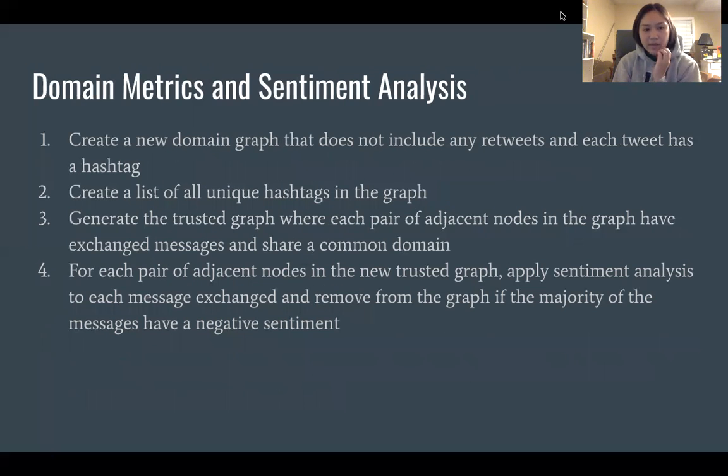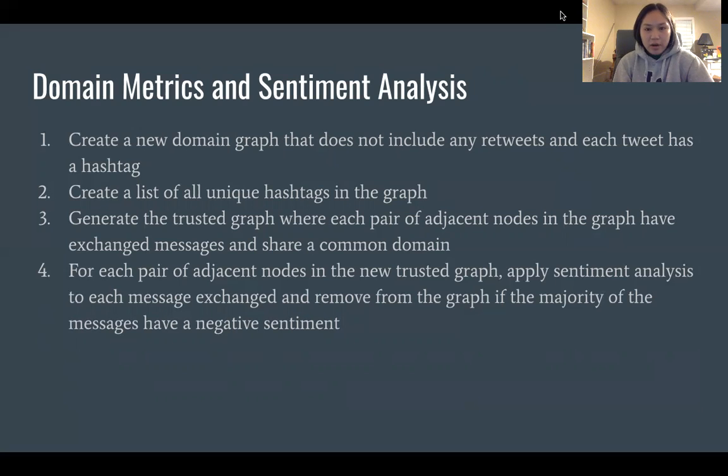The second method uses the idea of domains from SW Trust and then also applies sentiment analysis. First, a new domain graph is created that doesn't include any retweets, and each tweet also has at least one hashtag. Here, a hashtag is equivalent to a domain. Then a list of all unique hashtags in the graph is created, and the trusted graph is generated.